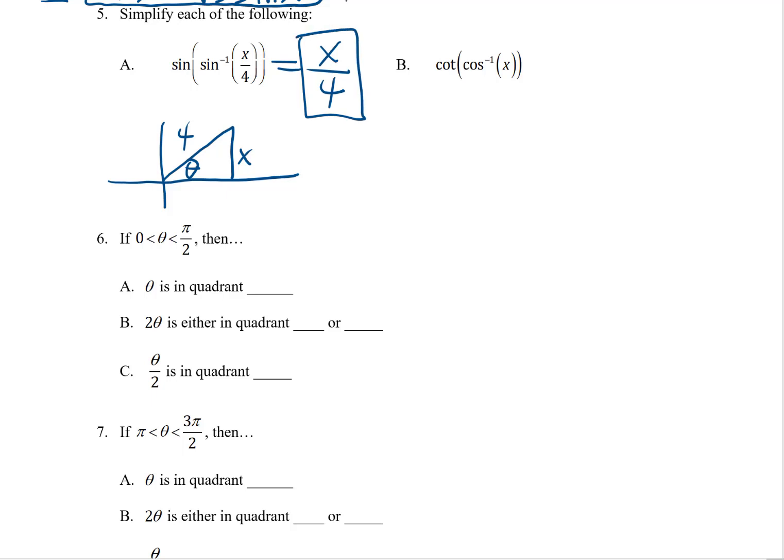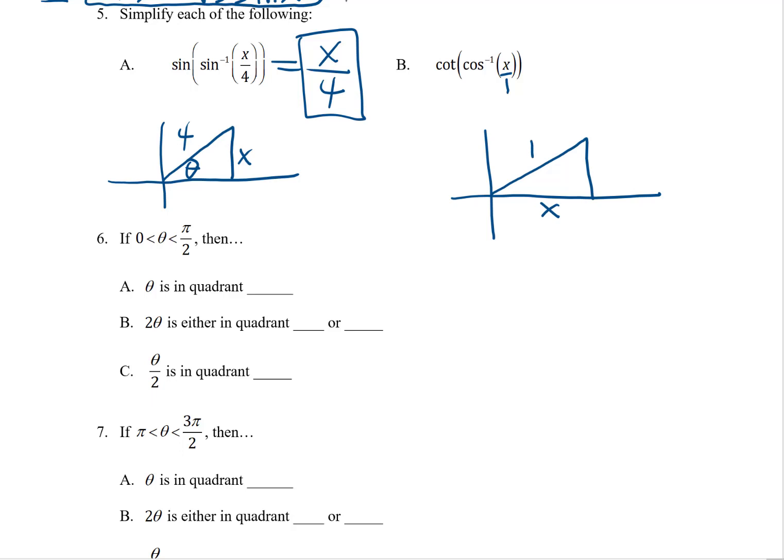It won't quite be so easy here in part B because I have cotangent being mixed with inverse cosine. Once again, I'll assume that x is positive. Cosine inverse x stands for the angle whose cosine ratio is x over 1. That's adjacent over hypotenuse.